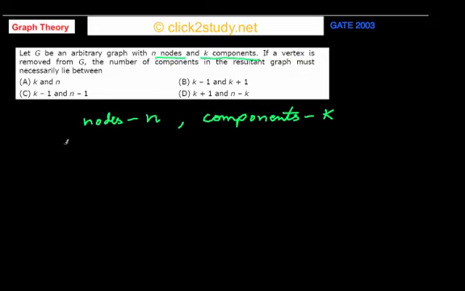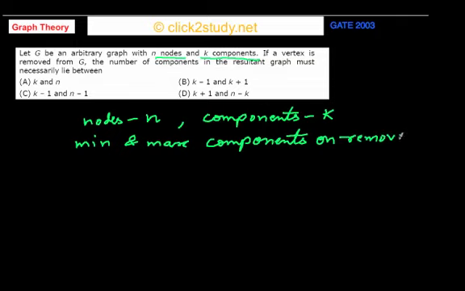So we have to find the minimum and maximum components we can have on removing one node. So let's think about k components, and then you're removing one node.